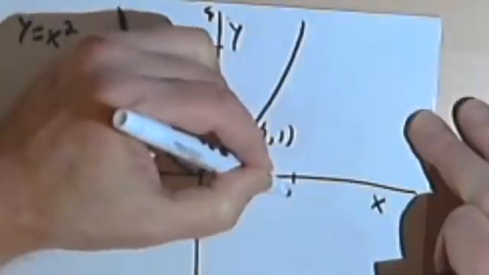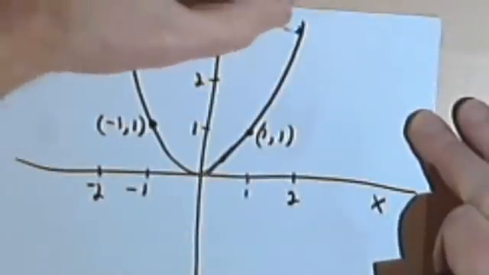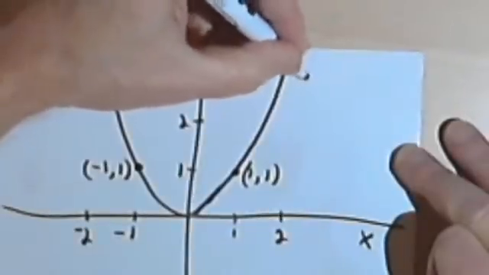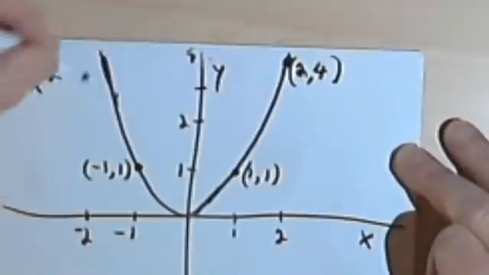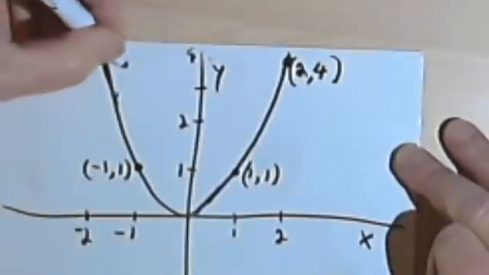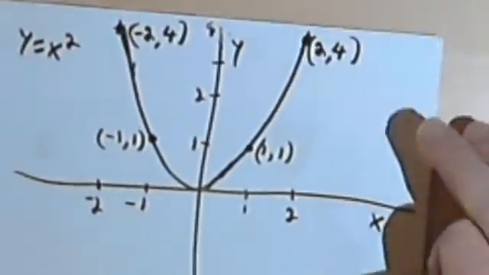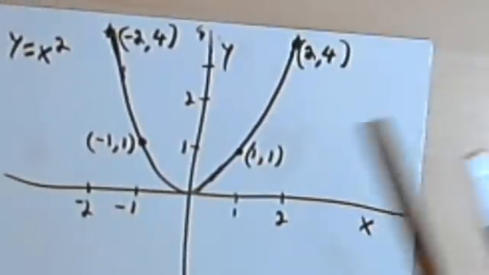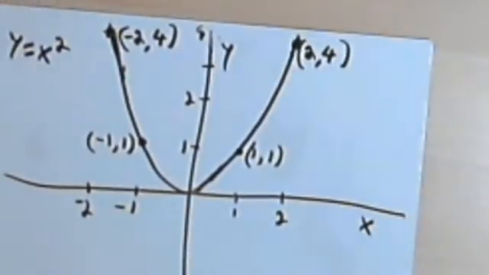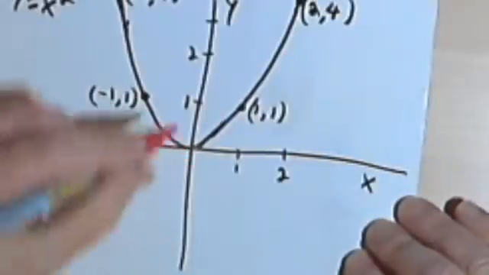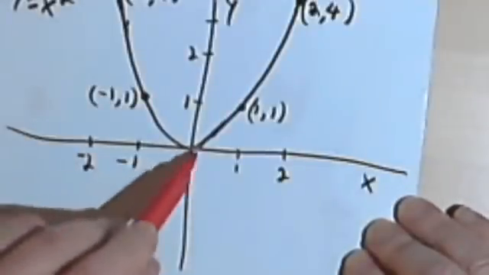And then when x is 2, well, 2 squared is 4, so I'm going to be up here at 2, 4. And when x is negative 2, I'm also up at 4. I've got negative 2, 4. Okay, so let's see what happens if we want to take the inverses for those points. Oh, and I've also got a point 0, 0, since the graph goes right through the origin.